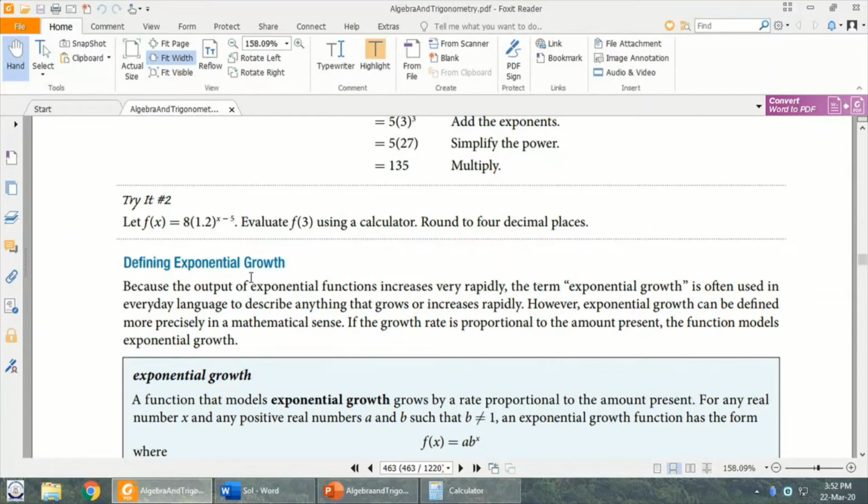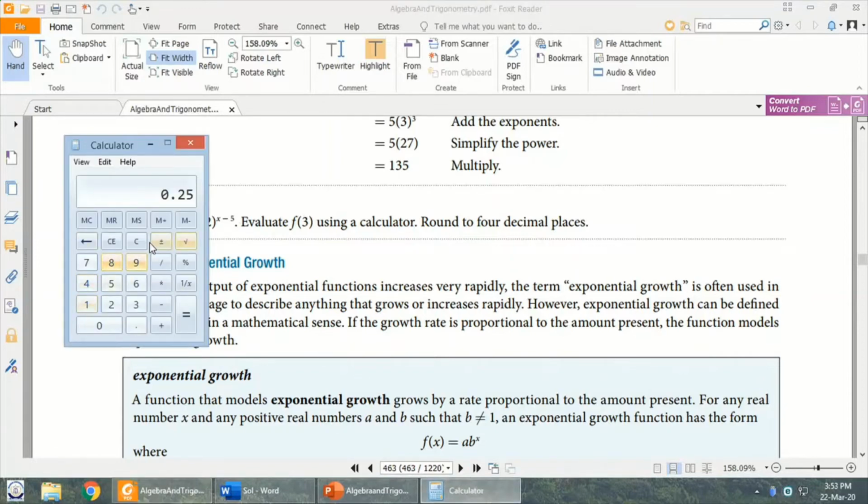1.2 whole square. So again 1.2 into 1.2, so let me see again, 1.2 into 1.2, you get about 1.44.